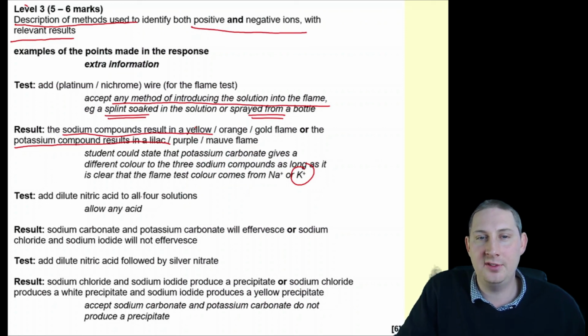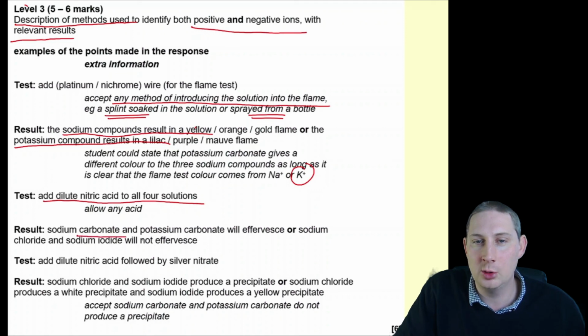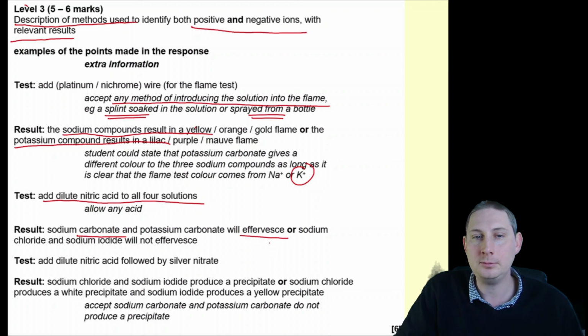Here's the test for the carbonate. Add the dilute nitric acid to all 4 solutions. It says allow any acid, and the carbonates will effervesce, they will fizz, while sodium chloride and sodium iodide will not fizz. Test.